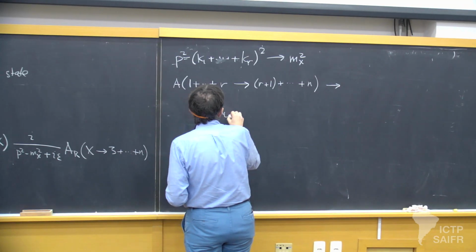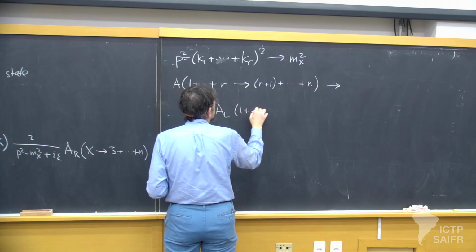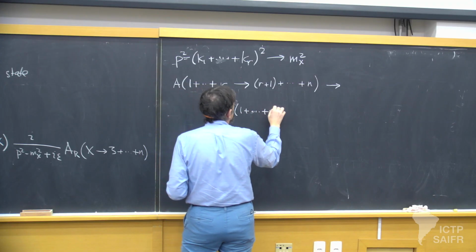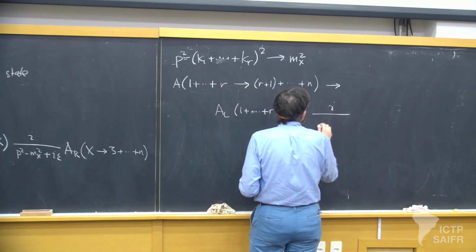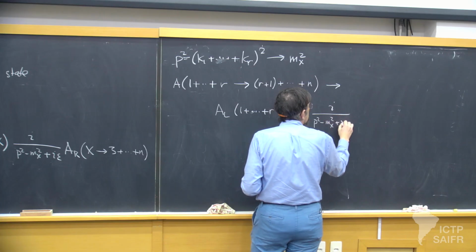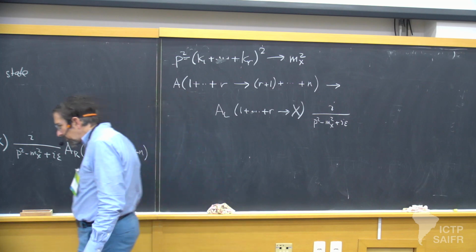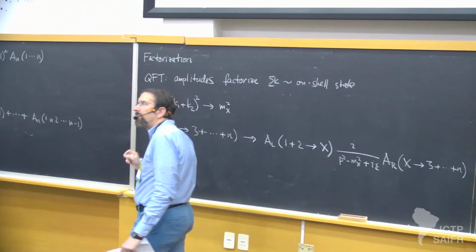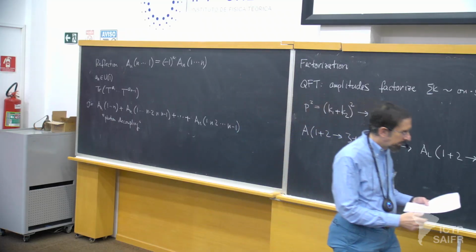into 2 different amplitudes. Which is producing the intermediate state, letting it propagate for a long distance. And of course, as we're getting closer and closer to the on-shell mass, the state can propagate further and further.